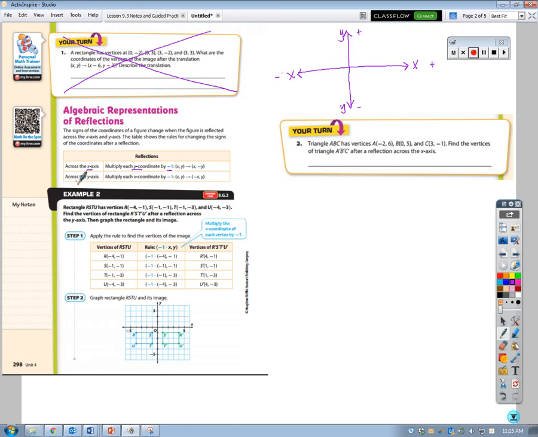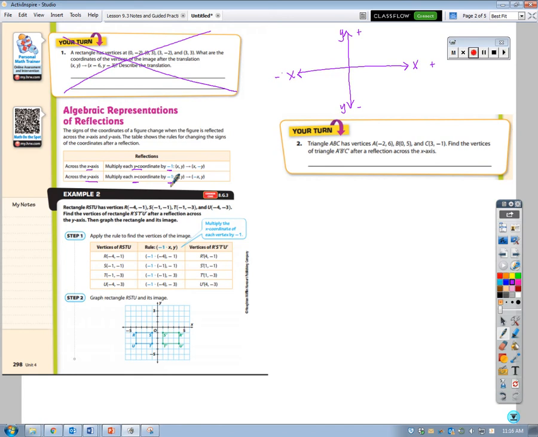When you reflect across y, you multiply x by negative 1. Did I say that correctly? Reflect across x, multiply y by negative 1. Reflect across y, multiply x by negative 1.